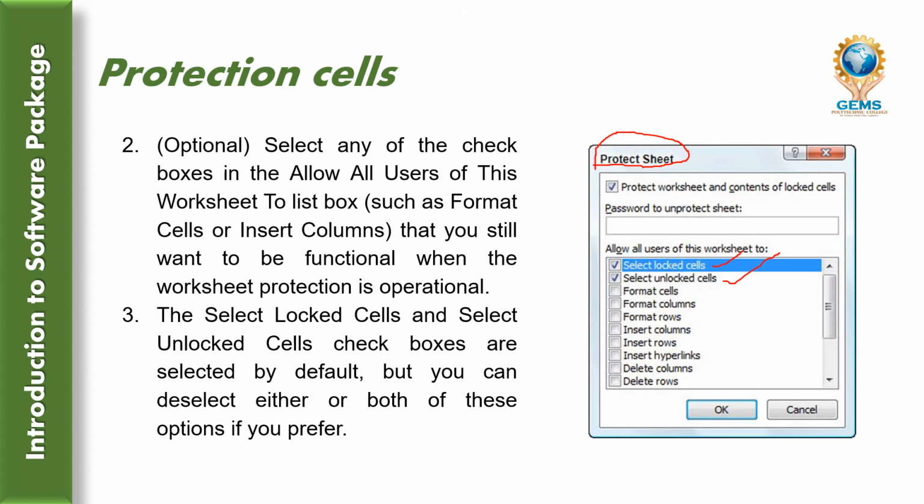The Select locked cells and Select unlocked cells check boxes are selected by default. Both are default, but you can deselect either or both of these options if you prefer. Then finally you can click OK.